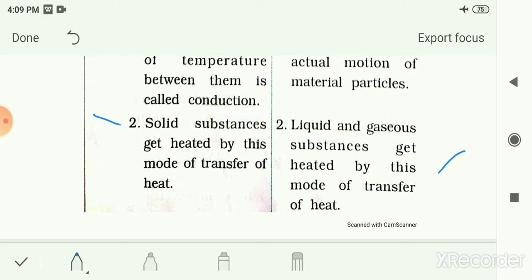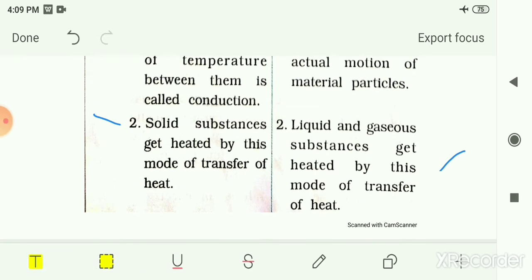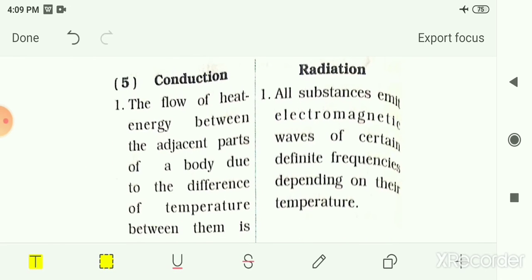And the next difference between these two is the example. In solid substances the heat transfer takes place by conduction, and in liquid and gaseous substances it takes place by convection. Now the next difference is between conduction and radiation.